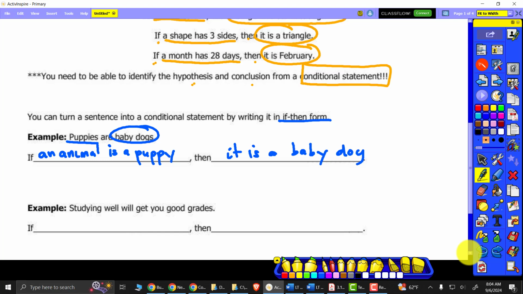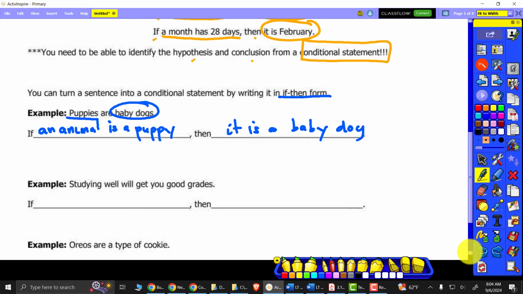All right, go ahead. Try doing the second example. Studying well will get you good grades. So how are you going to write this using an if-then form? All right, go ahead.